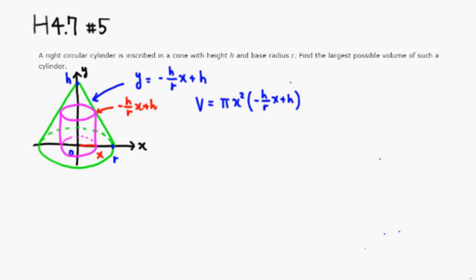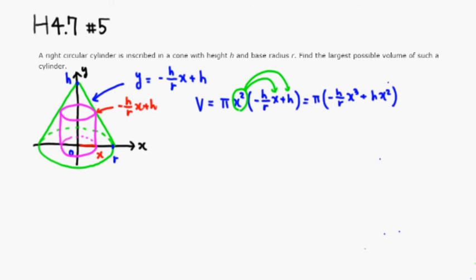Then I'm going to distribute the x squared to get pi times negative h over r x cubed plus h x squared.